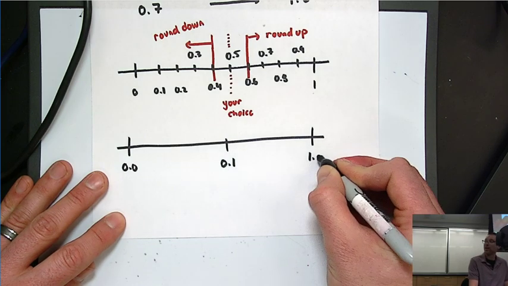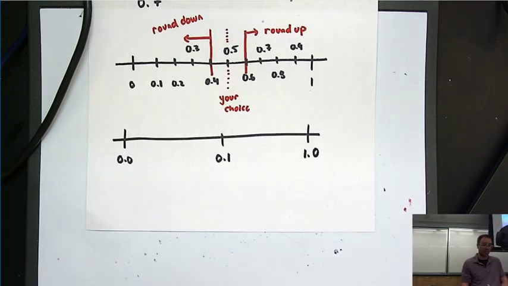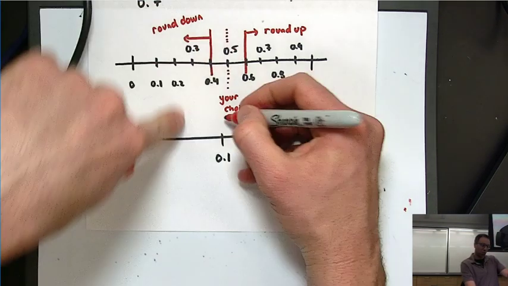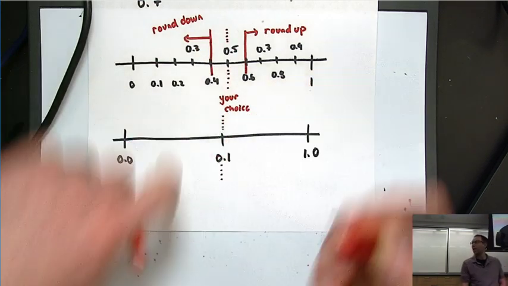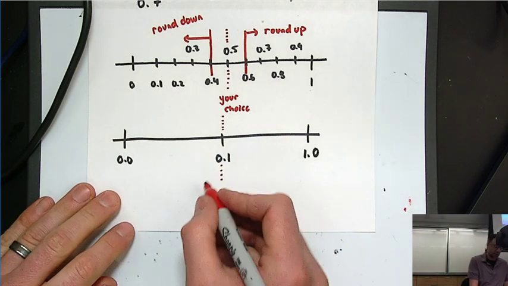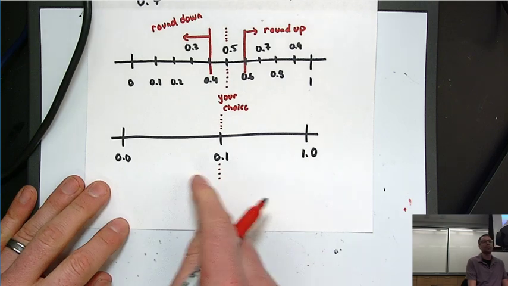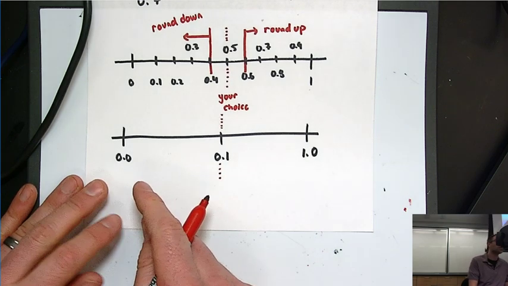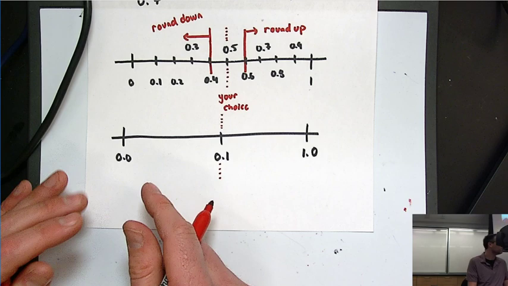This would be 1.0. Because 0.1 is 1 over a half, right? So the question is, what do you do when you're halfway in between? 2 choices. One choice is to round up. The other choice is to round down.